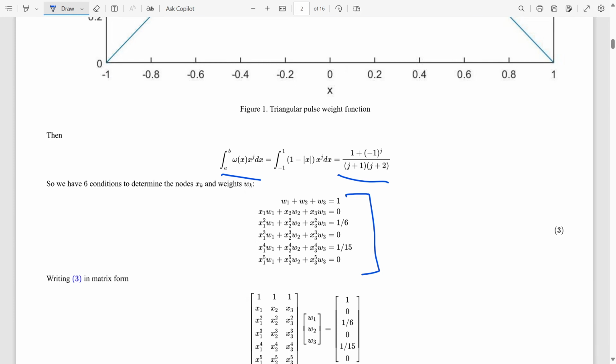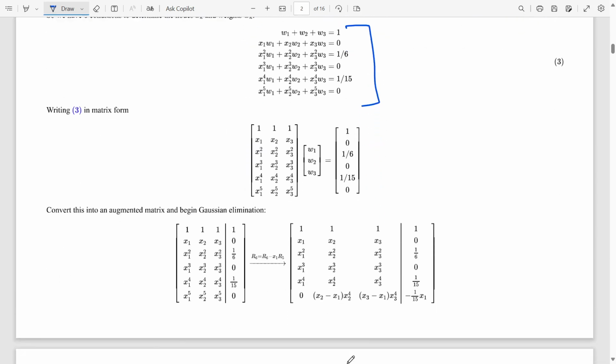First, we rewrite the equations in matrix form here, then write out the augmented matrix for the system and perform Gaussian elimination.